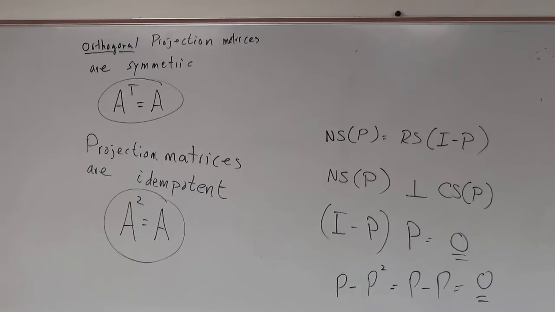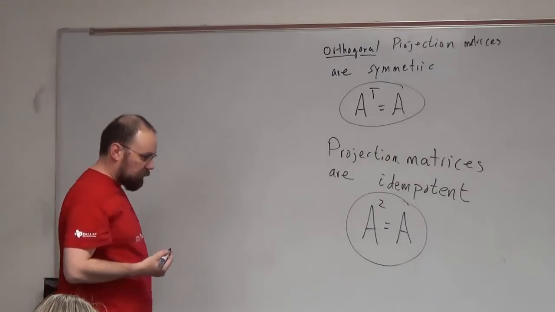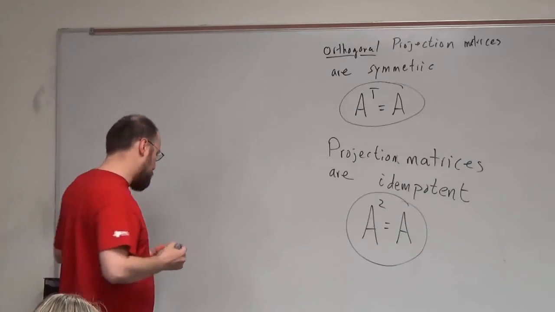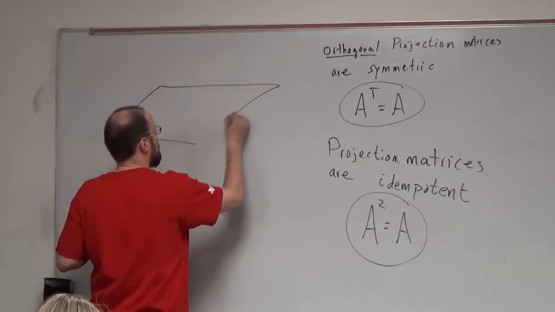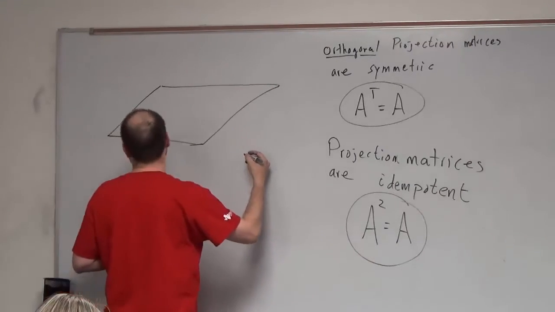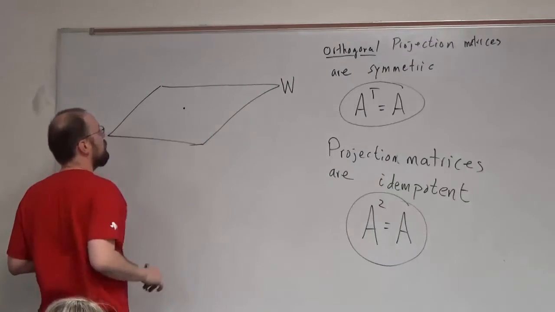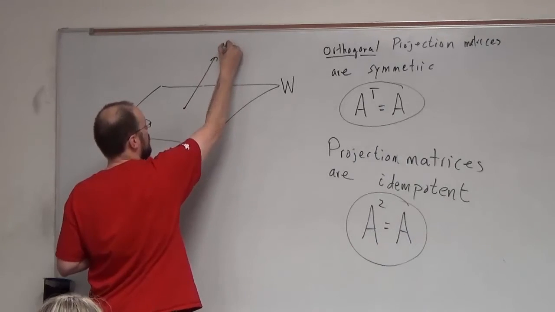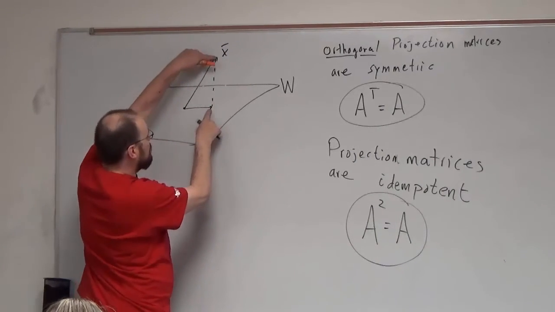How would you more generally come up with projections onto subspaces in higher dimensional space? How would you go about that? Well, let's just take the example of a plane in R3. Call that W, the subspace that contains the origin. What we want to do is take vectors in R3 and project them onto the plane such that this distance is minimized.